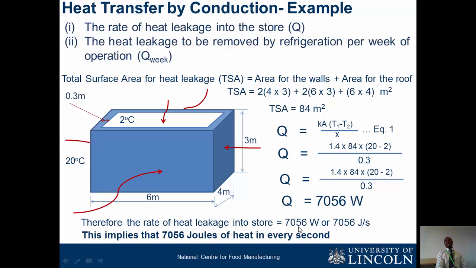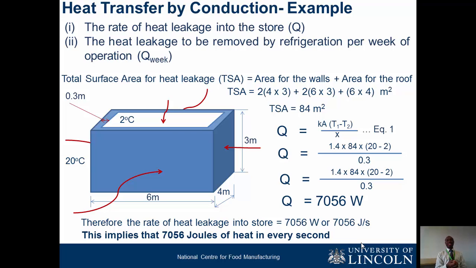What is this telling us is that 7056 joules of heat energy is removed in every second. So that's the implication of that computation. Don't forget that watts can also be expressed in joules per second, so it makes it more meaningful to interpret the answer we have there.